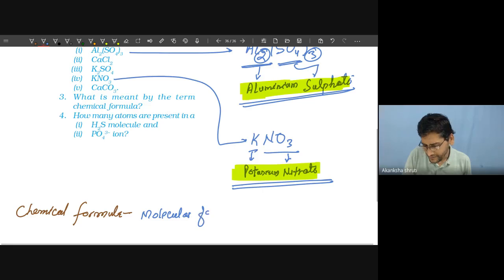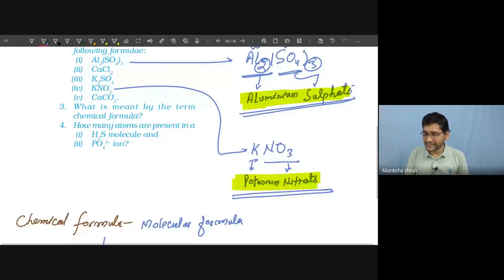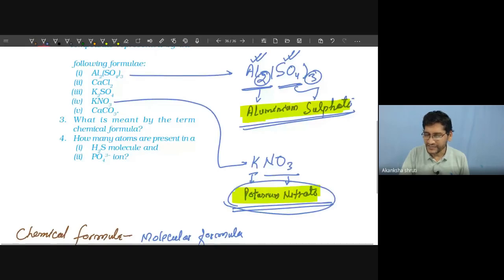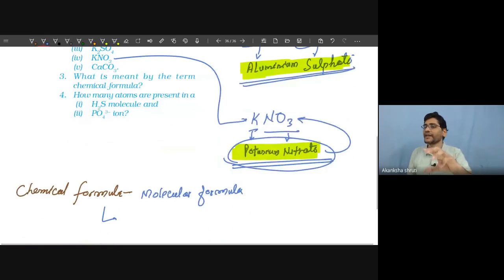Molecular formula. Or it is also called, say, potassium nitrate is the complete name. But what is the formula for this? Formula is nothing but representing the compound with the help of their symbols in molecular form.